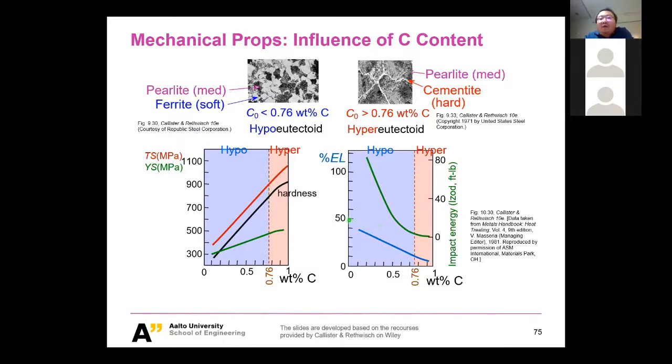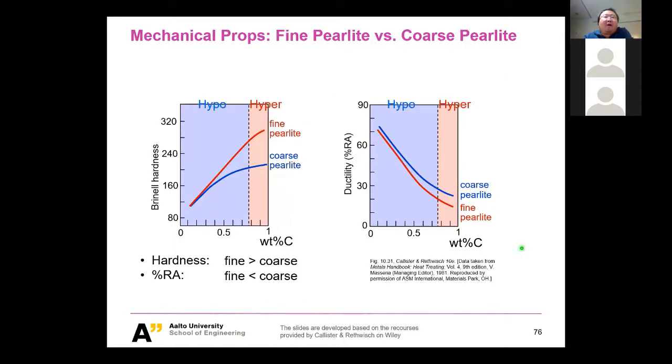And the consequence of all this increase of strength, of course, is falling ductility. So your ductility will be decreasing with the content of carbon, so it decreases quite a lot for ductility and decreases even more for your impact energy, so the Charpy energy. So you decrease a lot in terms of that. That is the influence of the carbon content.